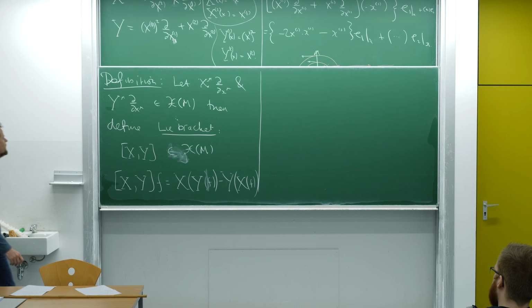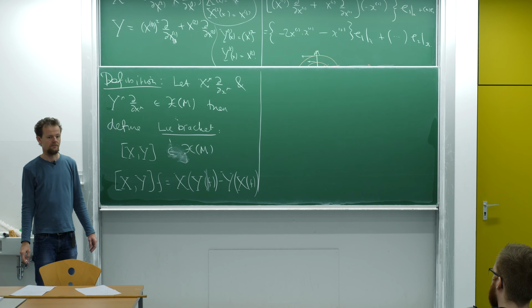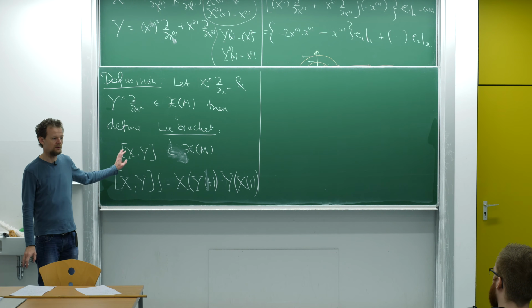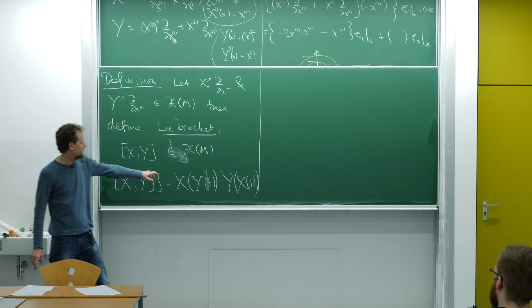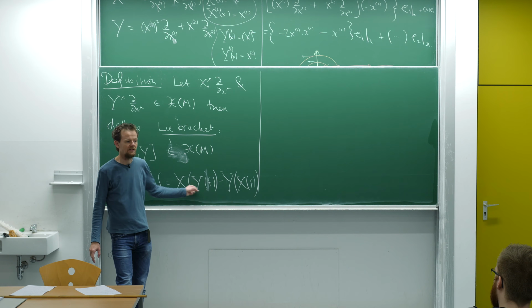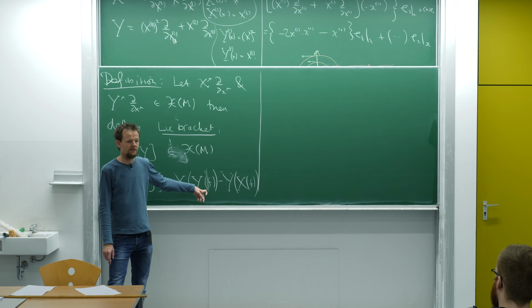At this stage, it's totally non-obvious that this thing is a vector field. It's not something you can see immediately. Because we're composing two vector fields, there's going to be second order derivatives, presumably. But for something to be interpretable as a vector field, remember it's got to be a first order derivative. So indeed, the notation and the definition make it clear what's going to happen.